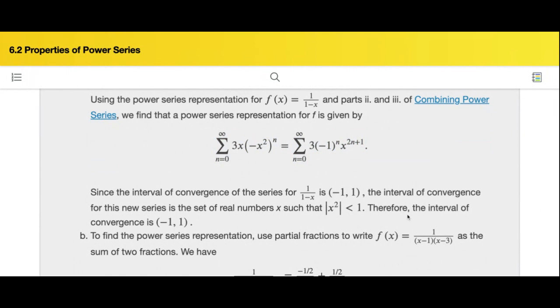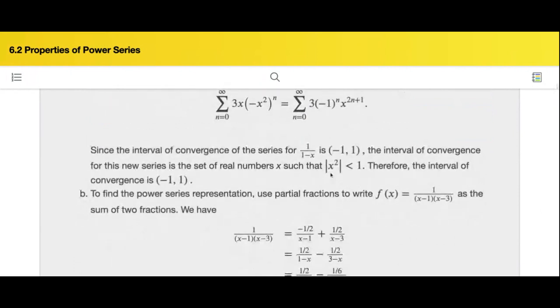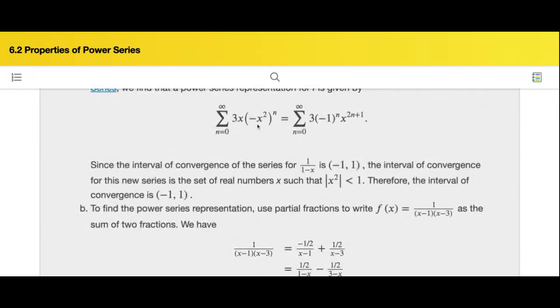So therefore, the interval of convergence is still negative 1 to 1. Okay, because that's the condition for a geometric series: the absolute value of the ratio, which in this case is negative x squared, has to be less than 1 to converge.